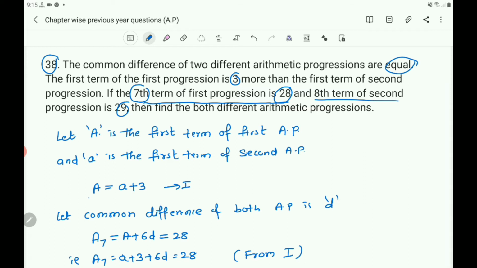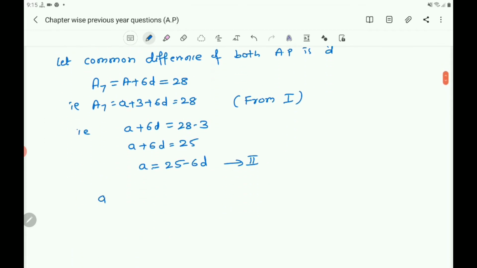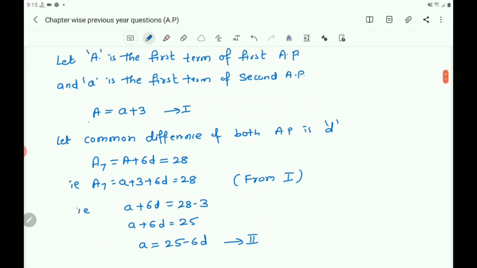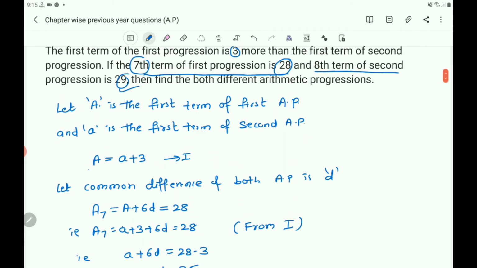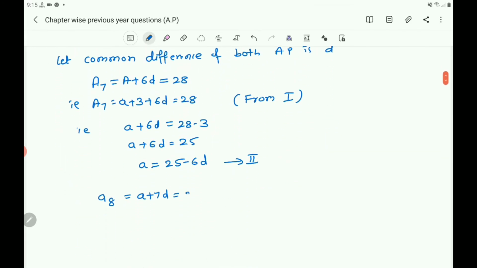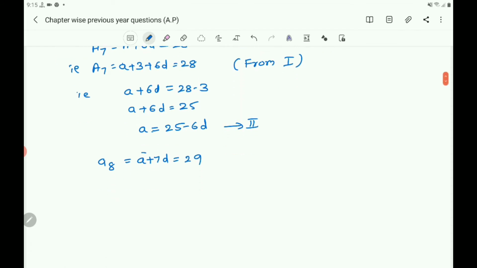Next, take the 8th term of the second progression, that is a8, which means a plus 7d, equals 29. Then in the place of a you take 25 minus 6d, from the second relation. So 25 minus 6d plus 7d equals 29.